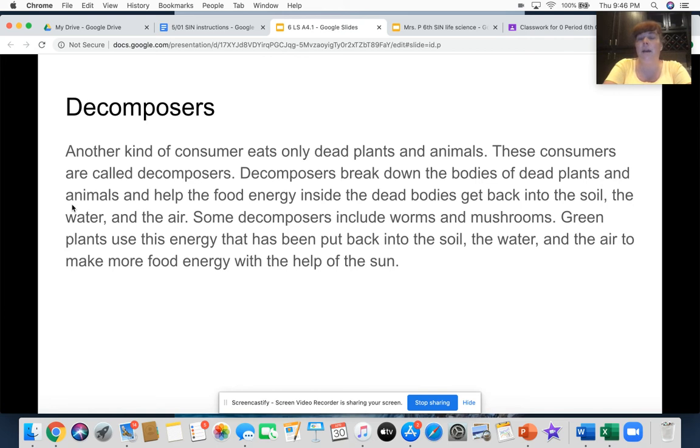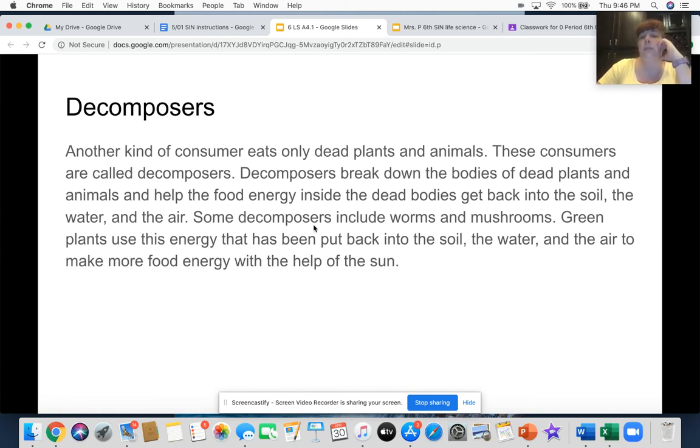Okay, if we did not have decomposers, then nothing would break down back into the basic blocks and molecules, and we would be stuck with all sorts of dead things all around us. Not only animals and people, but plants, and everything would not decay and go back into the life cycle.